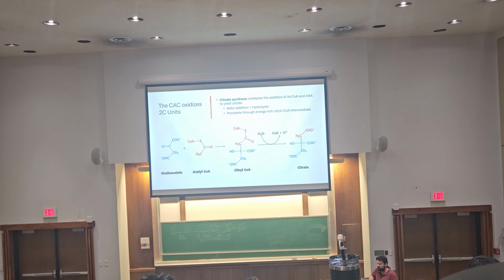We have a thioester, which is unstable. So chances are that's what's going to be hydrolyzed. So what would our products be if we just allowed acetyl-CoA to be hydrolyzed? Right, coenzyme A and acetate, the ionized form of acetic acid, which is not useful, right? We can't really do anything energy-wise with the acetate.